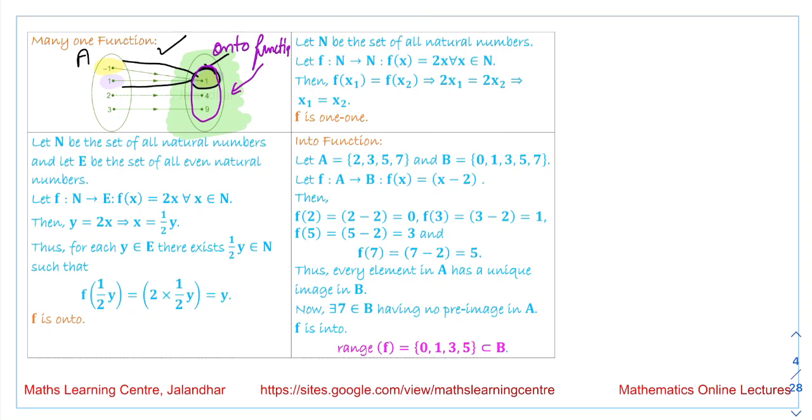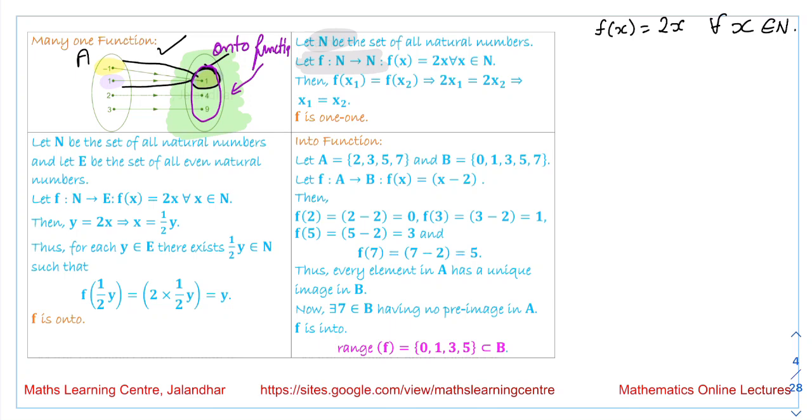Next, suppose we are talking about a function which is defined on the set of natural numbers, and it is defined like f(x) is equal to 2x for all x belonging to N. Now we have to check whether this function is 1-1 or not.